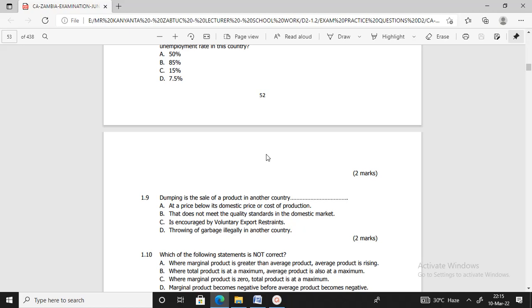This is done sometimes as a way of getting rid of these products from one country to another country. So you sell those products at a very, very low price. So the correct option for 1.9 is A, a price below its domestic price or the price below the cost of production.